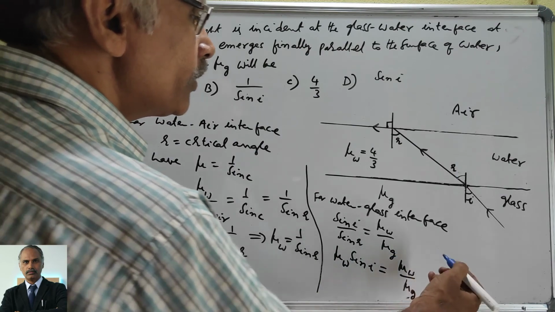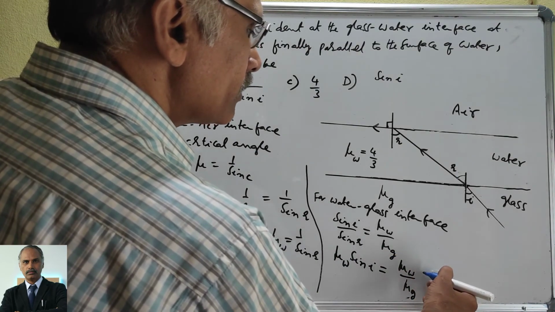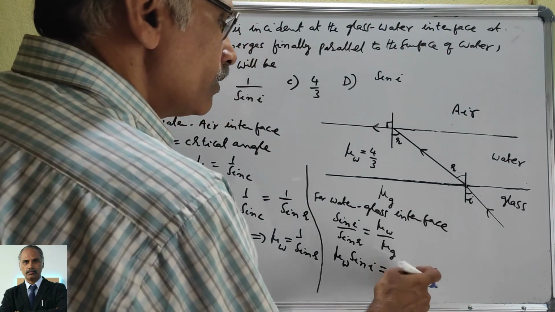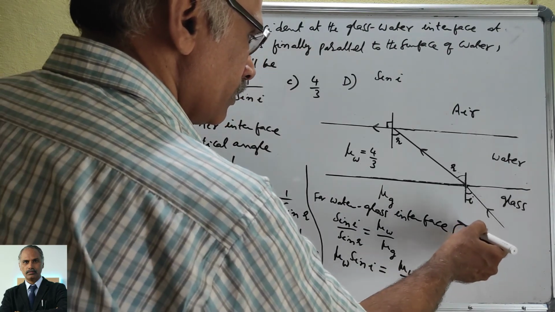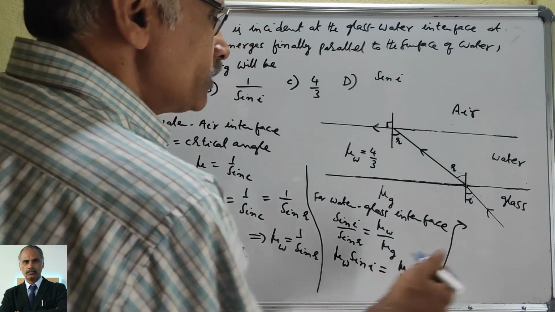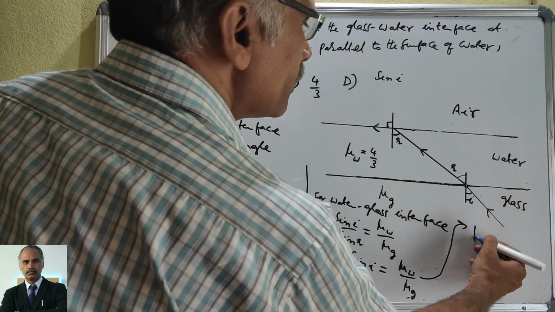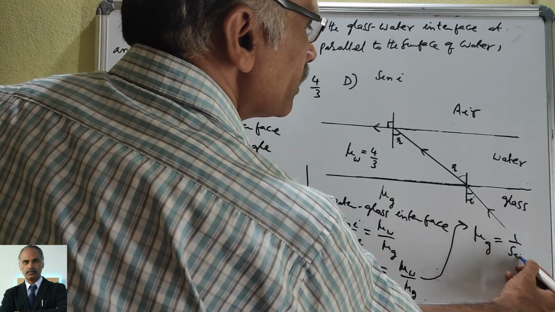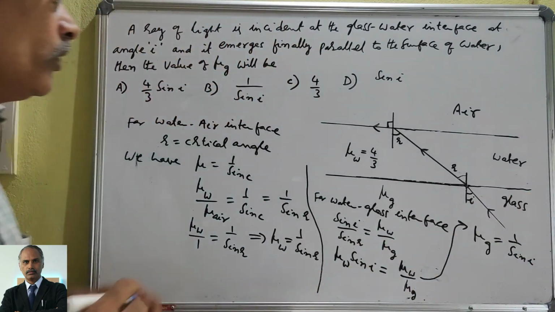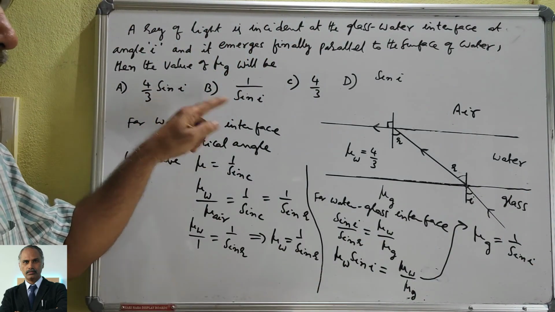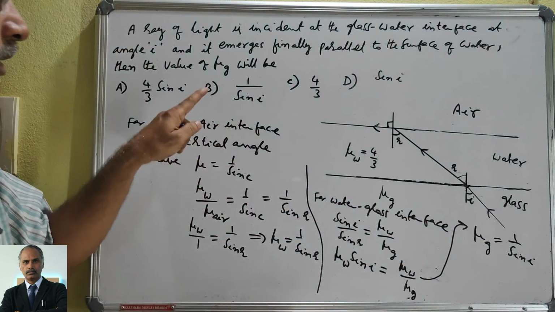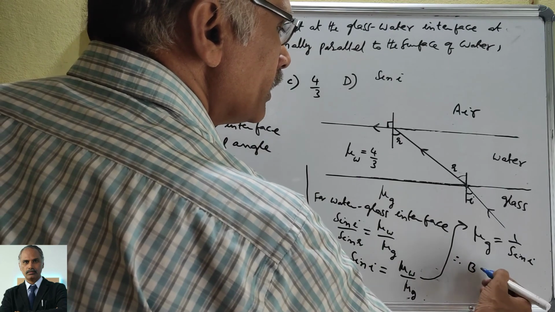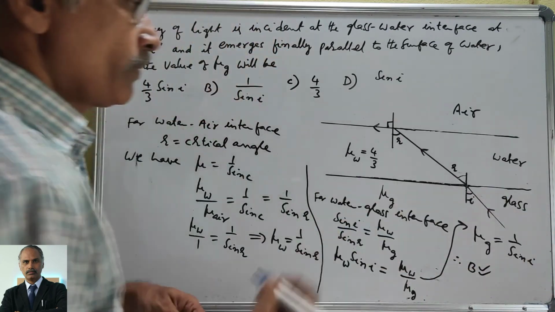So from this you will get mu g is equal to 1 by sin I. The refractive index of glass is equal to 1 by sin I. Therefore, the second option, refractive index of glass mu is equal to 1 by sin I, is correct. Therefore, option B is correct. Thank you.